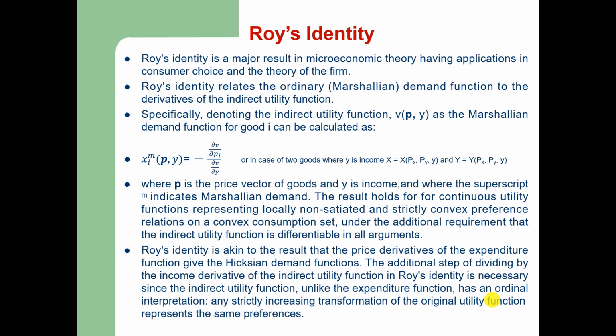The additional step of dividing by the income derivative of the indirect utility function in Roy's identity is necessary, since the indirect utility function, unlike the expenditure function, has an ordinal interpretation. Any strictly increasing transformation of the original utility function represents the same preferences.